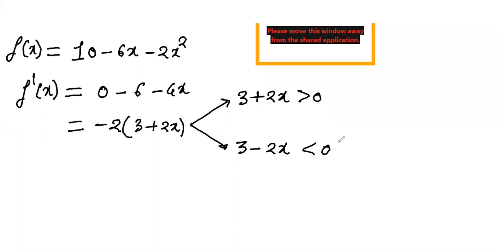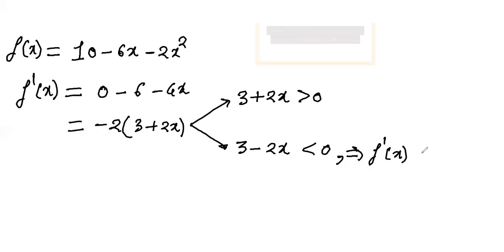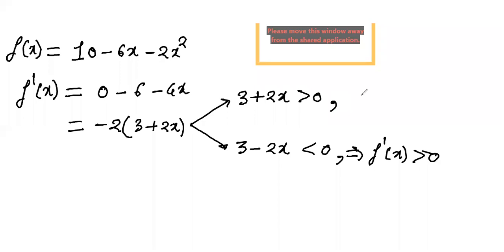If 3 plus 2x is negative, it means negative, negative, positive. So I will say f dash x is greater than 0, isn't it? And if 3 plus 2x is greater than 0, it means f dash x is less than 0.